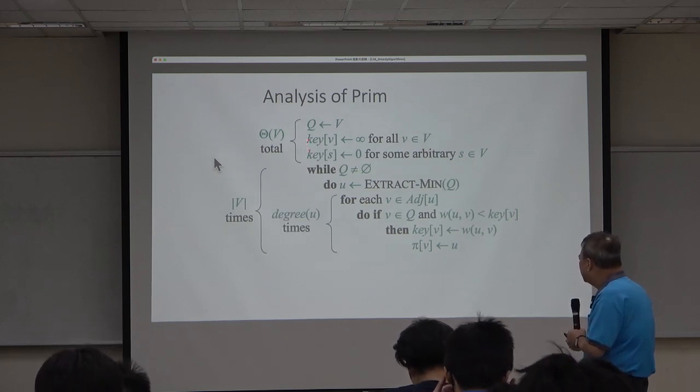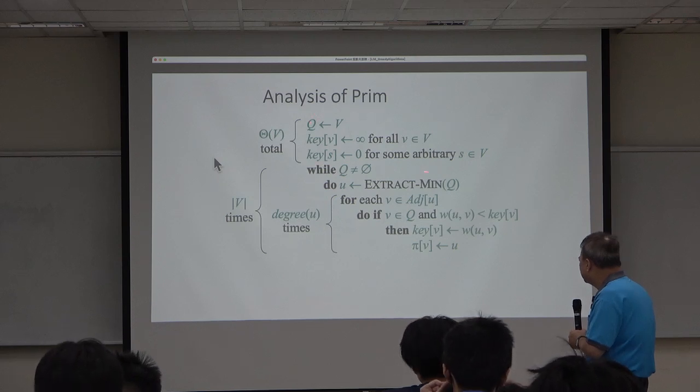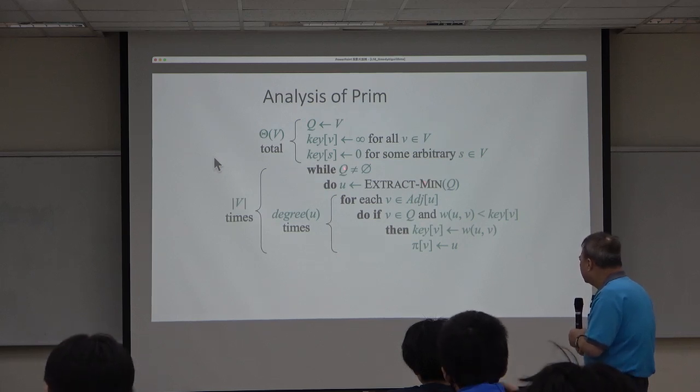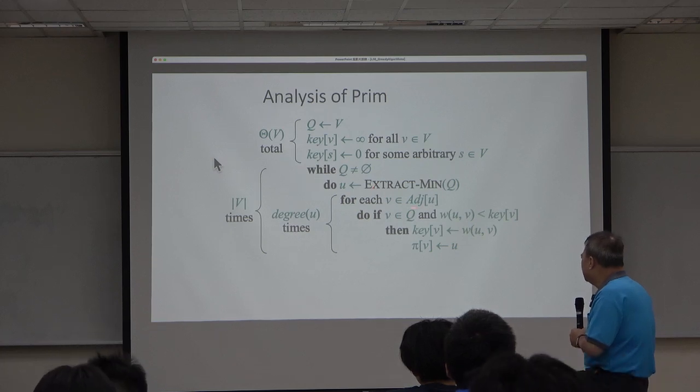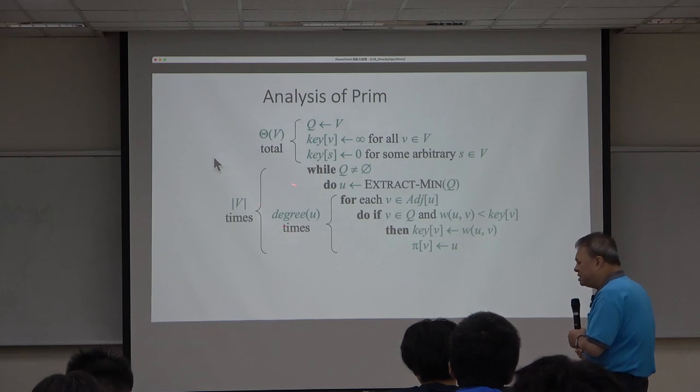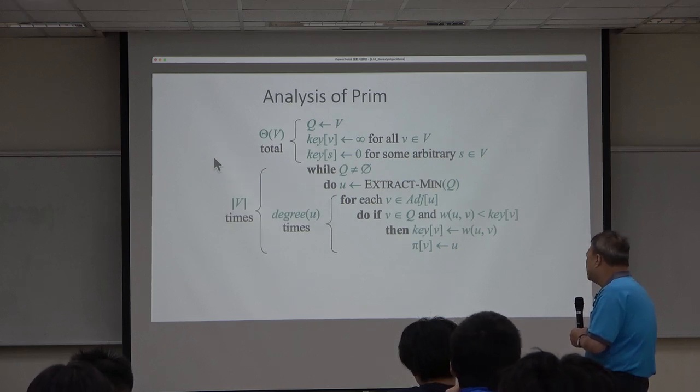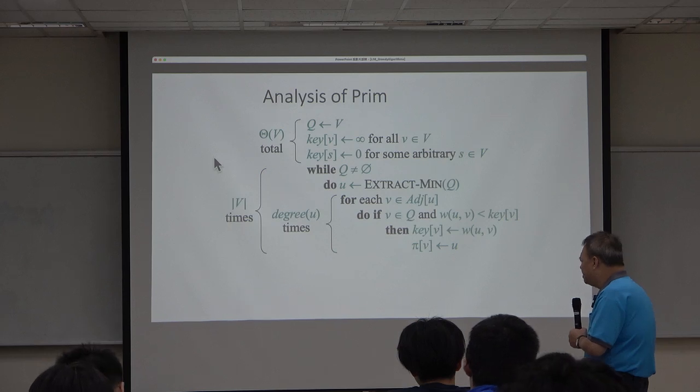But how about this? For each v in the adjacency list of u, you do the update. Here it is proportional to the degree of u. In the worst case, you need to change the key value for all the neighbors of u, where u is the one you selected.